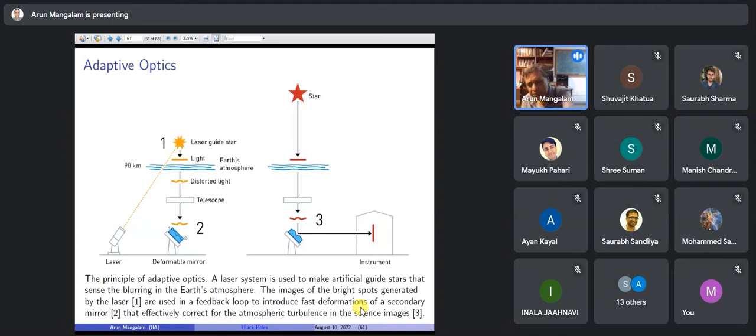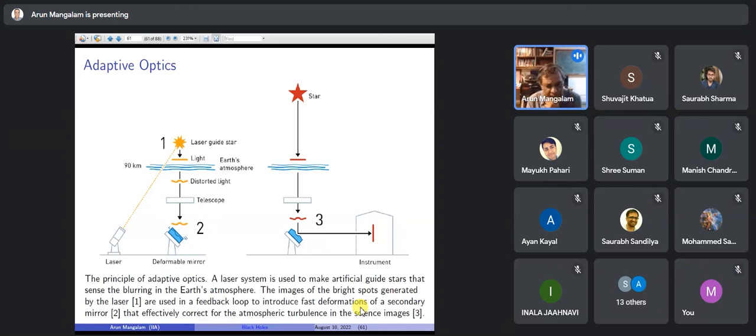When you're observing the actual star on the right, that also has a distorted wavefront. But to correct this distorted wavefront, you deform the mirror by programming. To correct that image, you need to deform the mirror, and then you get a straight image that you can see on the right.